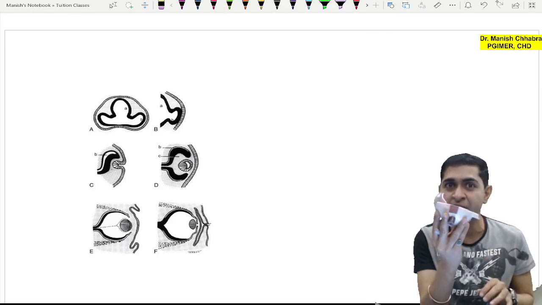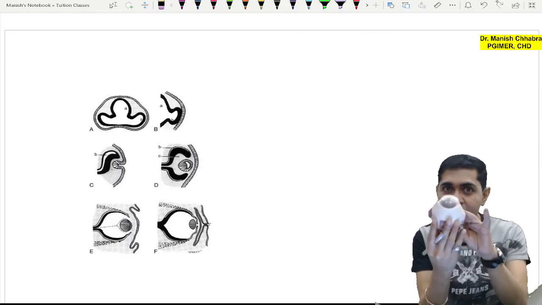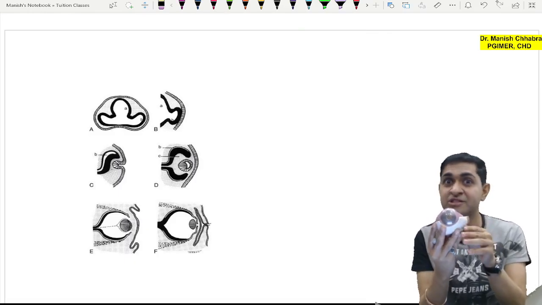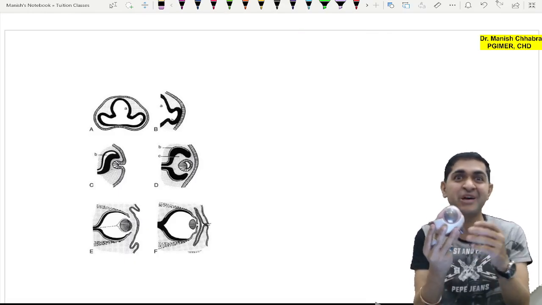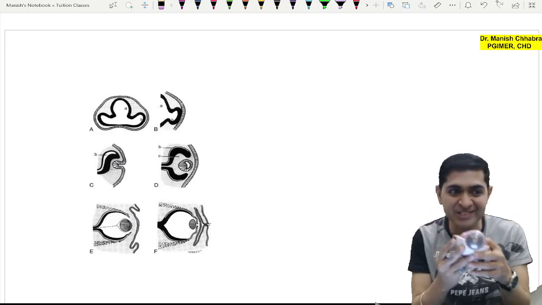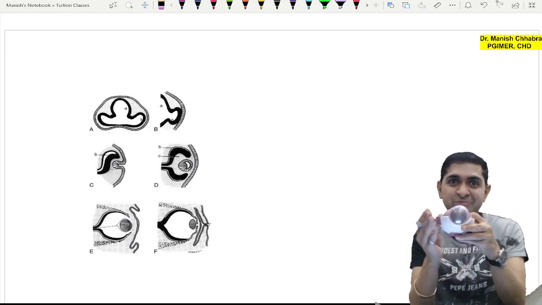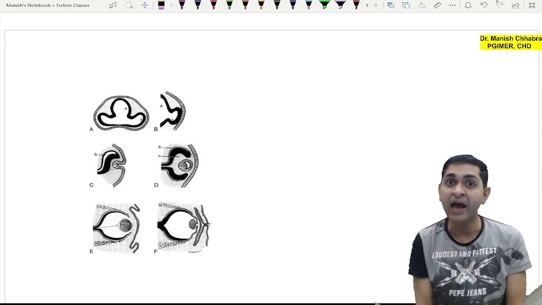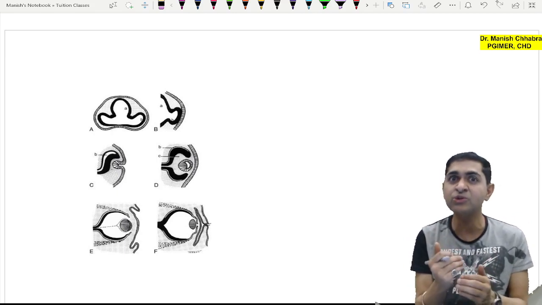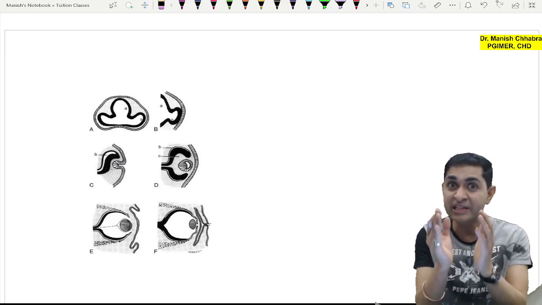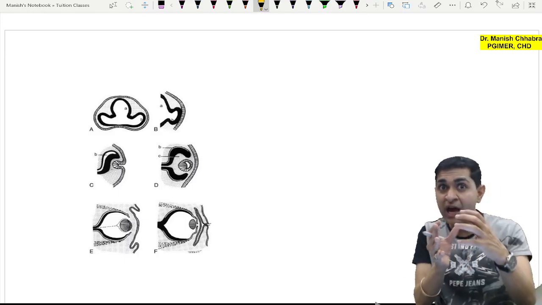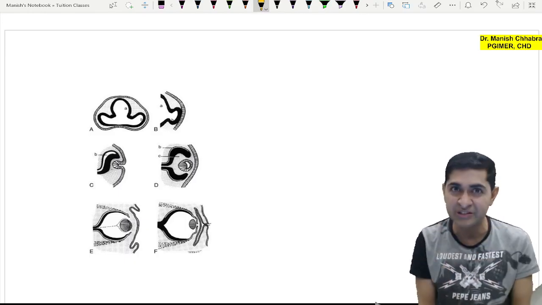I'll be using my model of the eye, which of course was given to me by a medical representative. So I'm going to put this into good use, and I'm also going to make use of real patient videos which I have collected over the years.